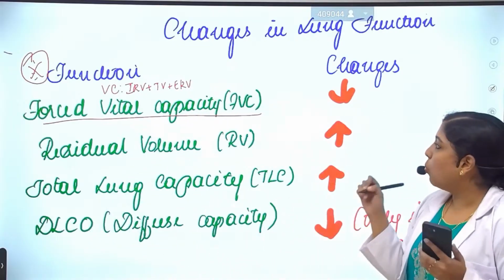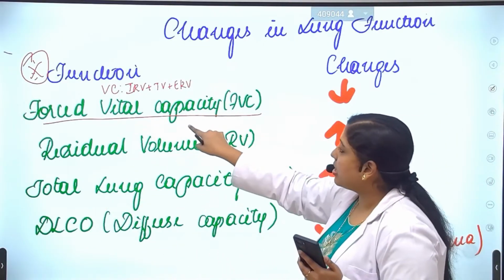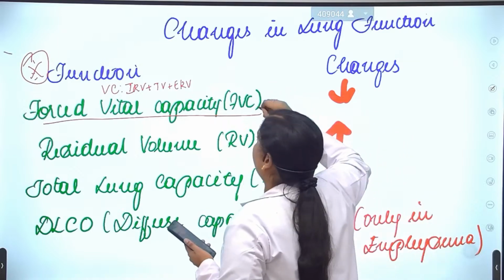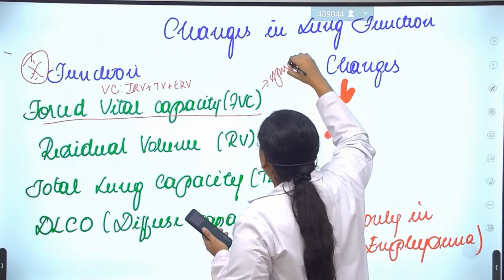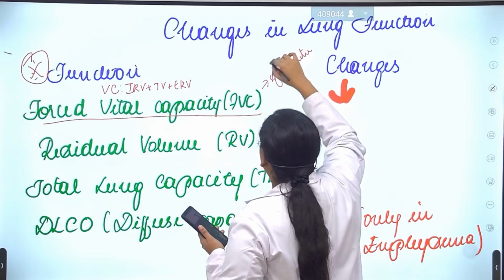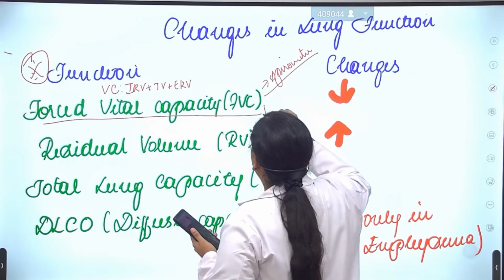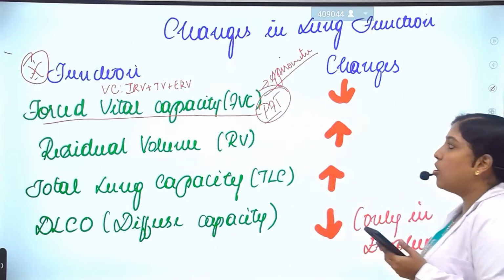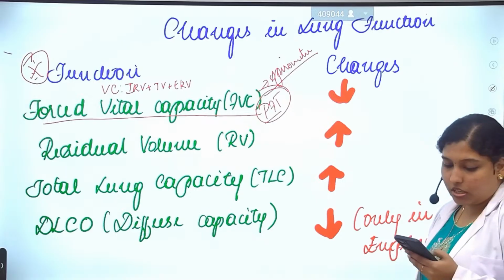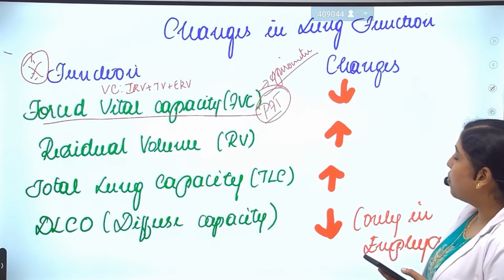So what is happening? The forced vital capacity will be monitored by your spirometry, or by your PFT, pulmonary function test. Your forced vital capacity will be monitored classically by your pulmonary function test.